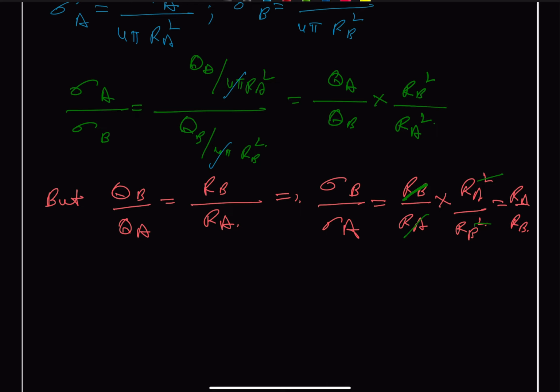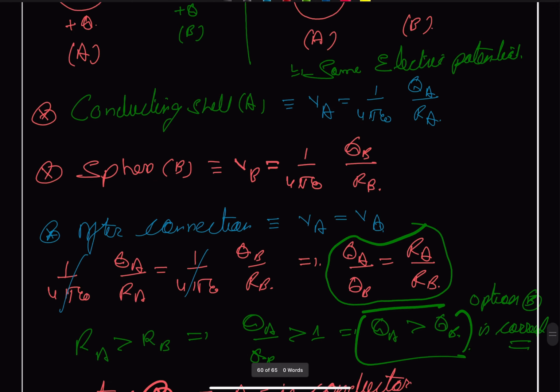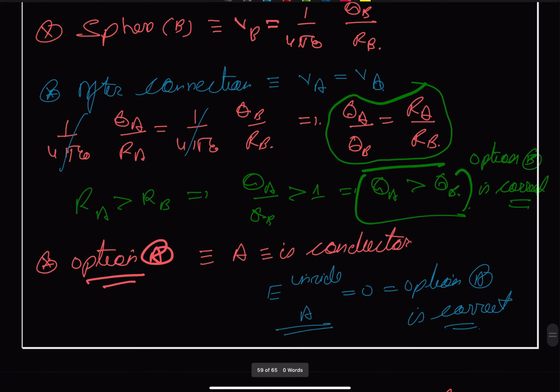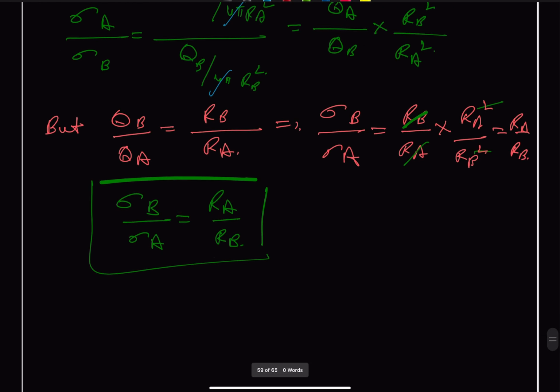So sigma B upon sigma A is equal to RA upon RB. Okay, I've written it in reverse. We need sigma A upon sigma B. Let me correct it.